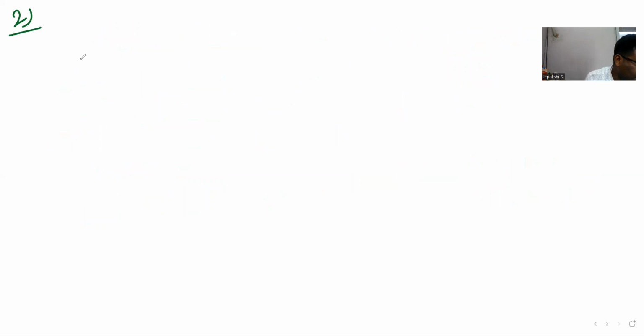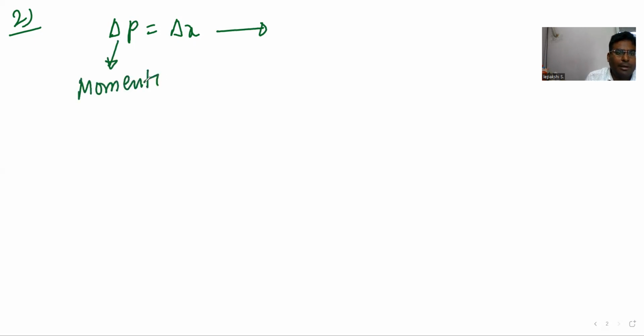If uncertainty in position and momentum are equal, this is the uncertainty in momentum and this is the uncertainty in position.